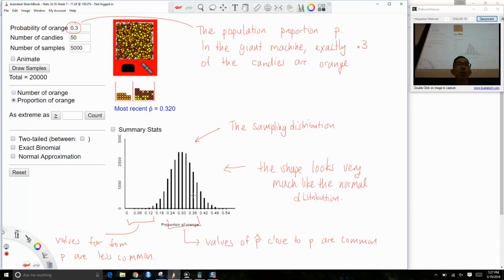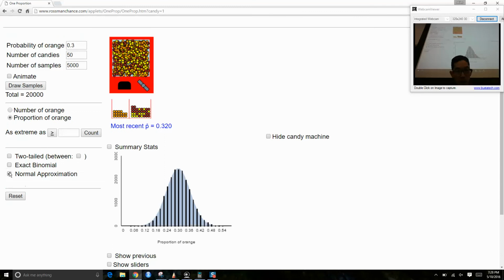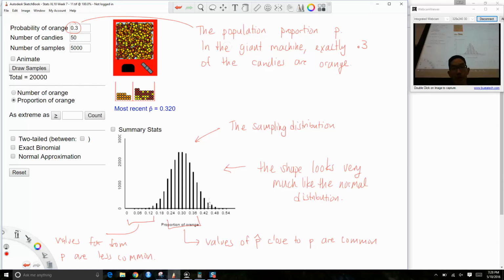So if we say, well, I'm good with a pretty good approximation, and the approximation is going to be very, very good, we can answer a lot of our questions using the normal distribution, which is a lot easier to deal with than the exact distribution.